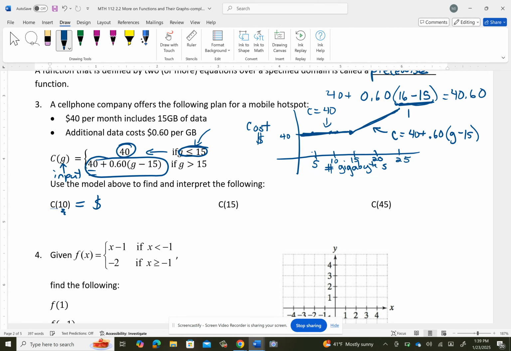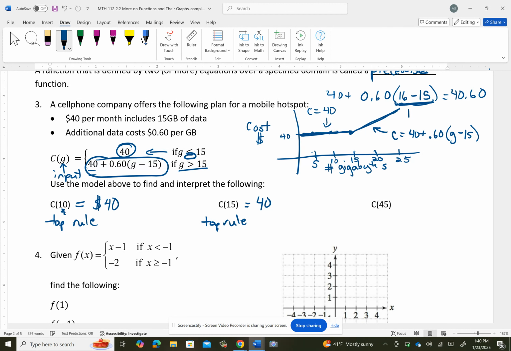So I would pay 40. Now, when G equals 15, the top rule has the or equal to on it, so I should use the top rule. This was also the top rule because it had the or equal to on it. So it'll just be 40. But 45 now fits the condition that G is greater than 15.